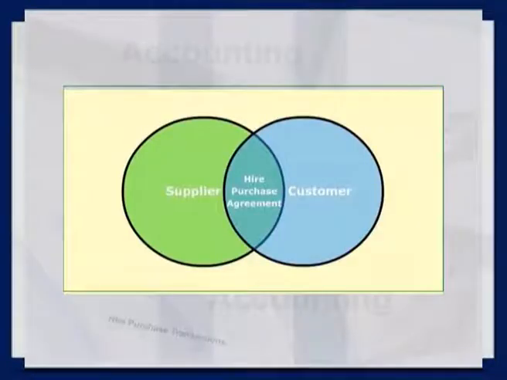A hire purchase agreement differs from a credit sale agreement and sale by installment because under those transactions ownership passes on signing the contract. In the diagram you can see two circles: one represents the supplier, the second represents the customer, and the intersection of both circles represents the hire purchase agreement.